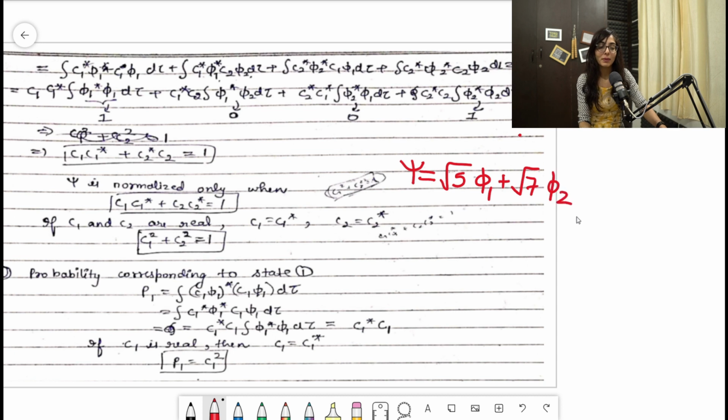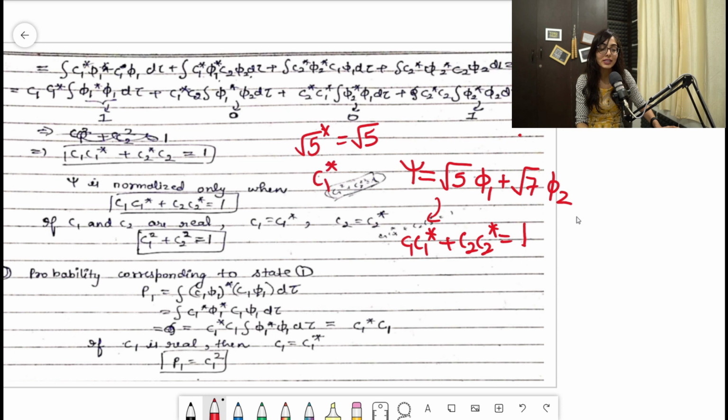Suppose I have this number, now I'm not having i in it. Fine. So I can simply write it like this: C1 into C1 star plus C2 into C2 star is equal to 1. Clear? So now this star will not make any difference, because root 5 even after star will be only 5. This C1 star will be C1 if it is not having an i term. i means iota, if you don't know that.